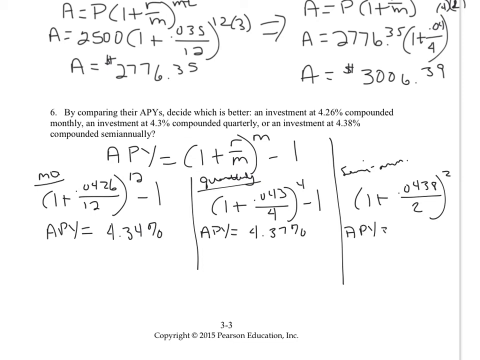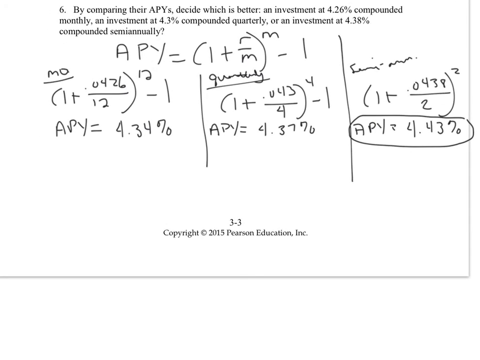So the APY for this one, if we take it back to percentage form, is 4.43%. Even though it wasn't compounded the most often, because the starting interest rate was actually higher, it did give us a better yield. Okay? So make sure you do a comparison before you make a decision on which way to go. Sometimes it's not.